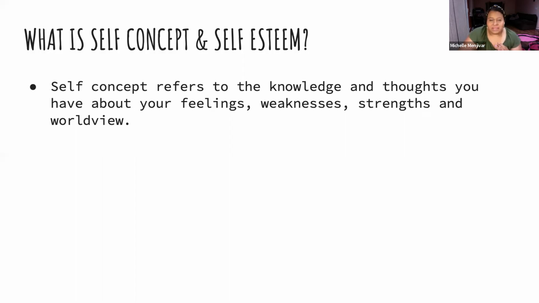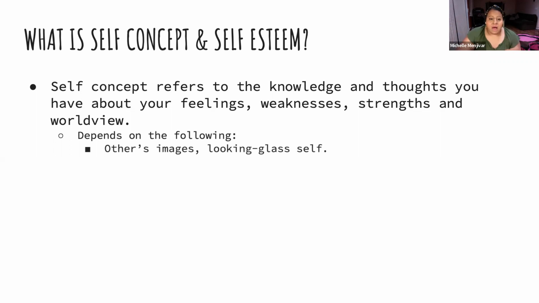And one of my weaknesses, I would say, is that I have really bad social anxiety when I'm in a one-on-one interaction with another person. And one of my strengths is that I'm very caring. So my self-concept is basically just how well I know myself and how I can describe my weaknesses, strengths, and feelings to other people. And we come to know self-concept based on the following things.